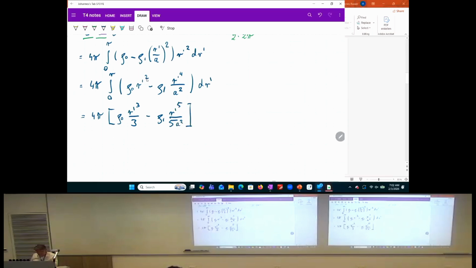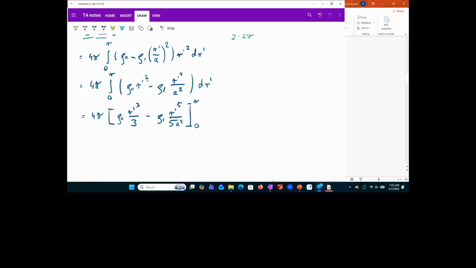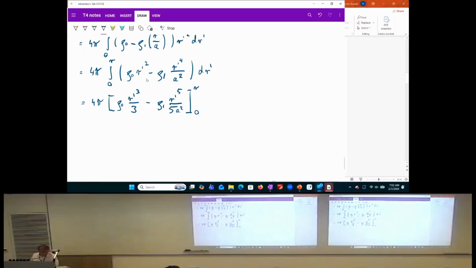What we insert is 0 and r, and this is why we use this r prime here: now we insert r as the radius of interest, and as a running variable in the integral, we renamed the r to r prime.